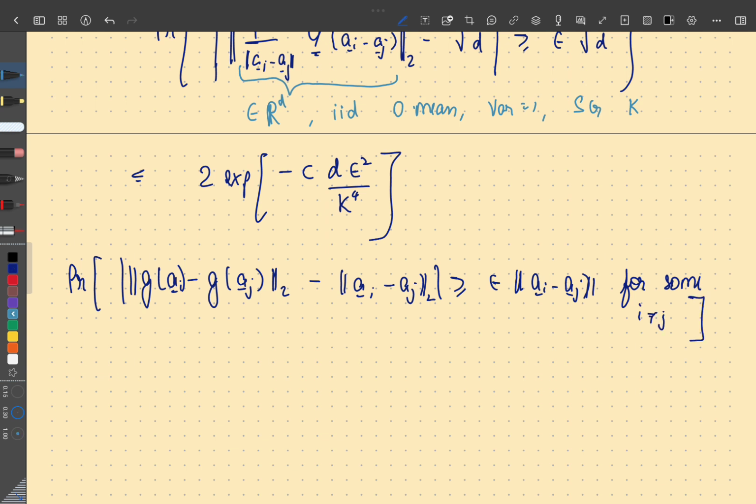So this is basically the probability that g is not an epsilon isometry for this particular set, right? A1 through An.